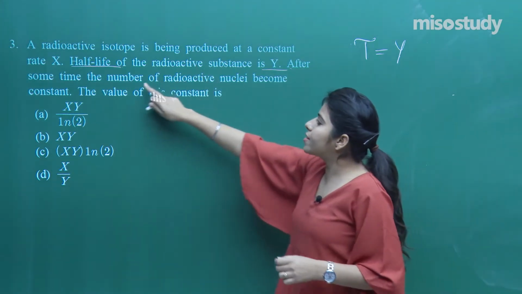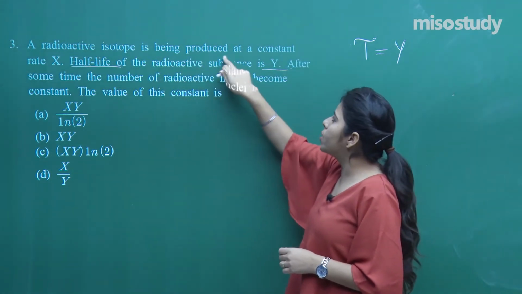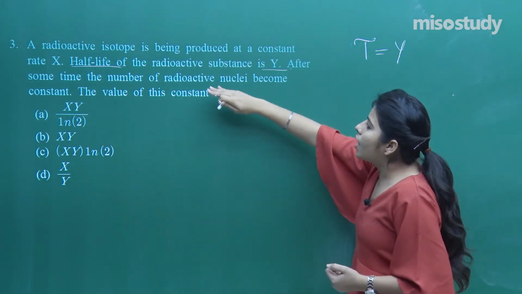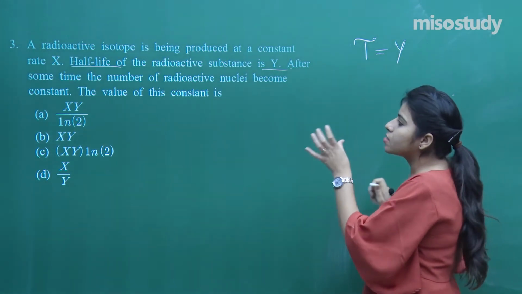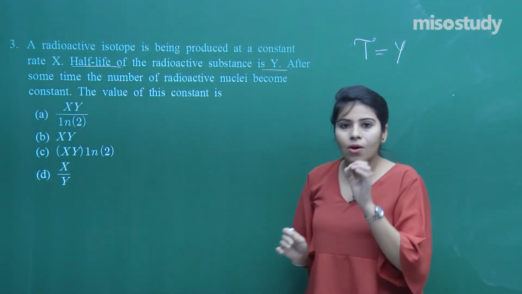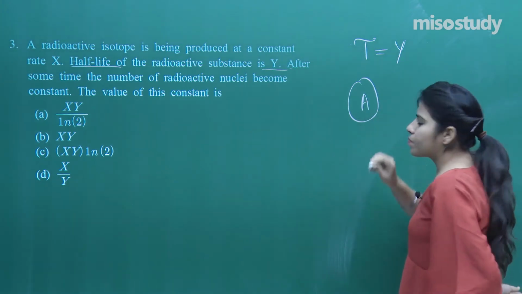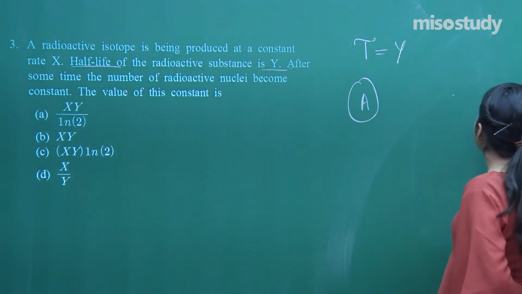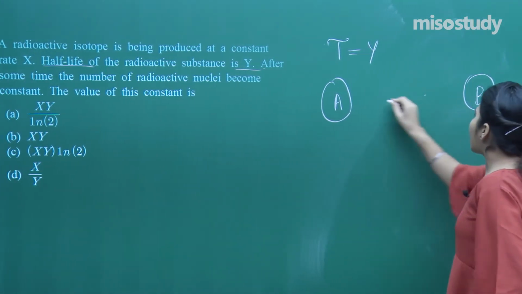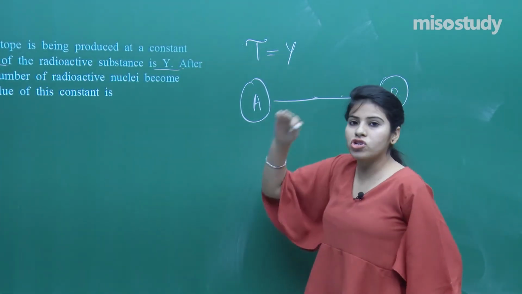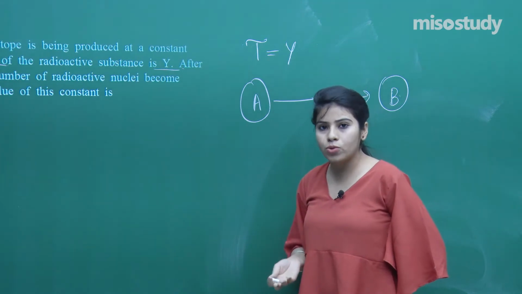Also we have been told that a radioactive isotope is being produced at a constant rate x. Let me say we have our radioactive substance A and it is converting into B. According to the question, it is just transforming into one stable nucleus.